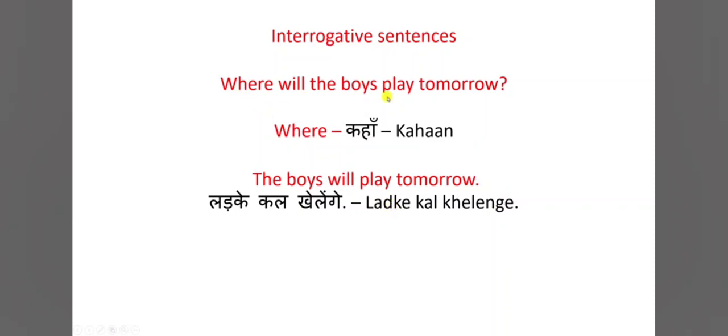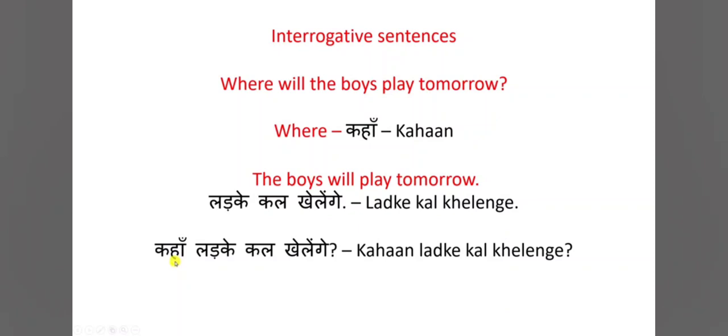Now, to frame this, all we need to do is place this before this. Like this. कहाँ लड़के कल खेलेंगे? And this is where will the boys play tomorrow? Okay?